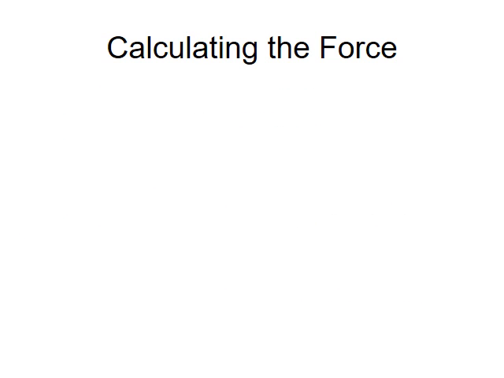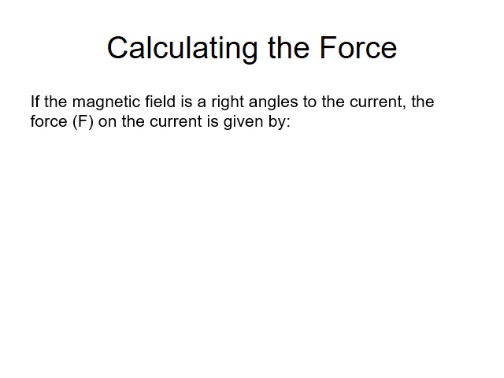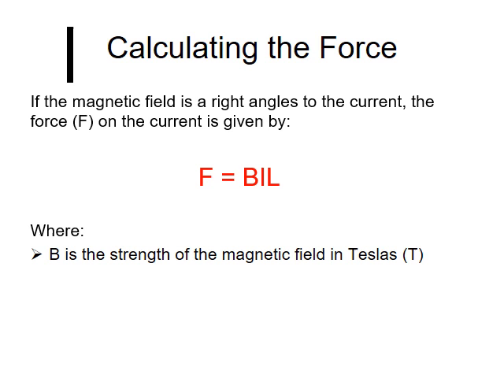Okay, so how do we calculate the force that the wire is undergoing when current is passing through it inside a magnetic field? Well, if the magnetic field is at right angles to the current, the force is given by F equals B I L, or F equals B times I times L, where B is the strength of the magnetic field, given in units of teslas.